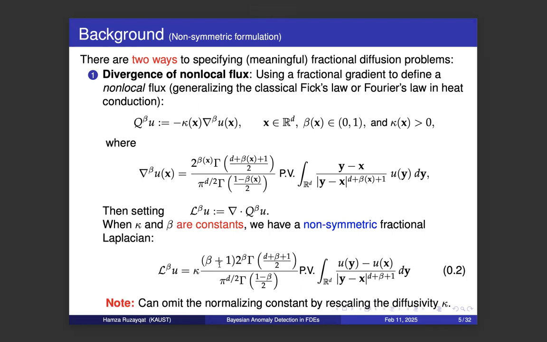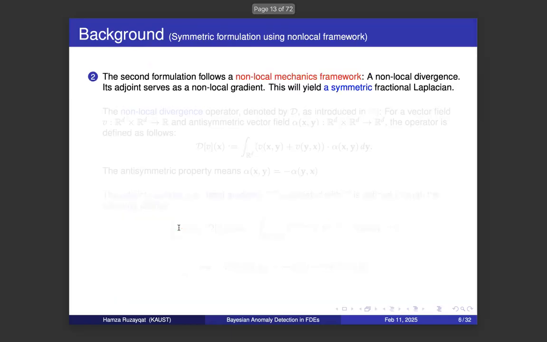One can get rid of this normalizing constant by including it in kappa. However, this is the case when kappa and beta are constants, but what we are interested in is when kappa and beta vary in space. That's why we use the second formulation, which follows a non-local mechanics framework.